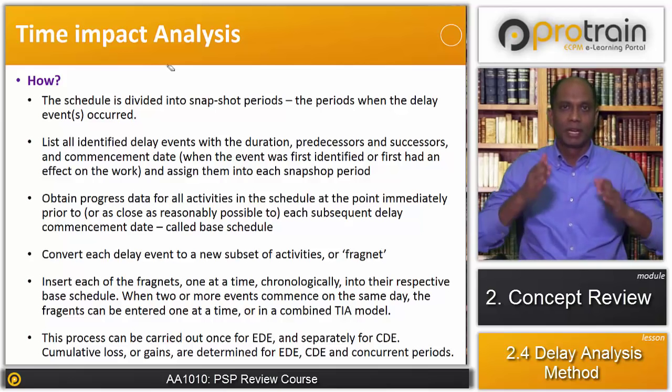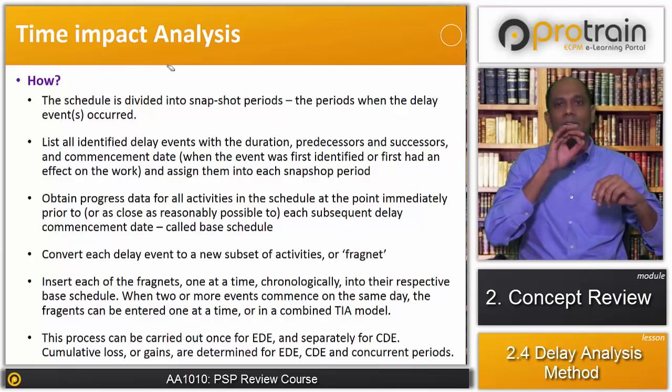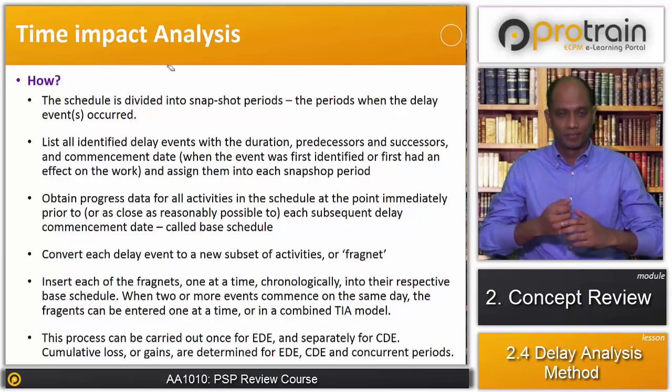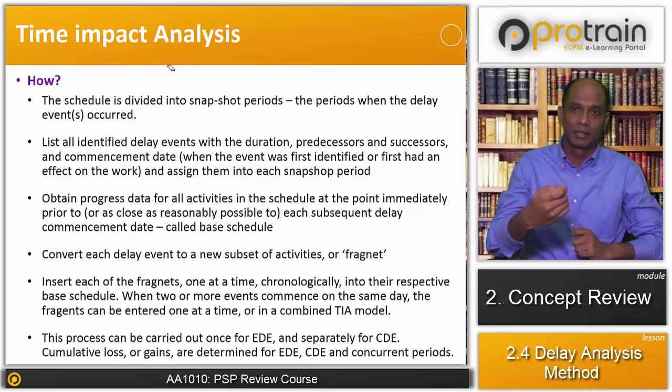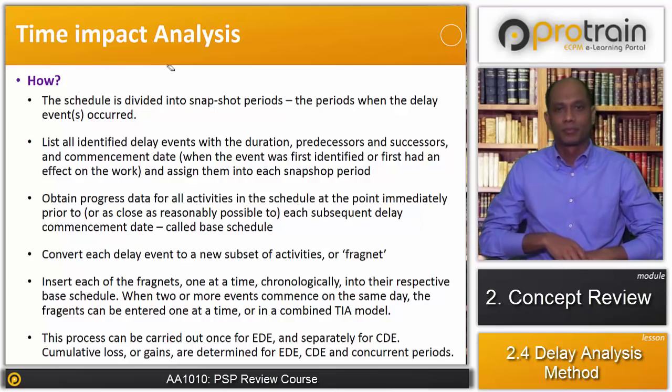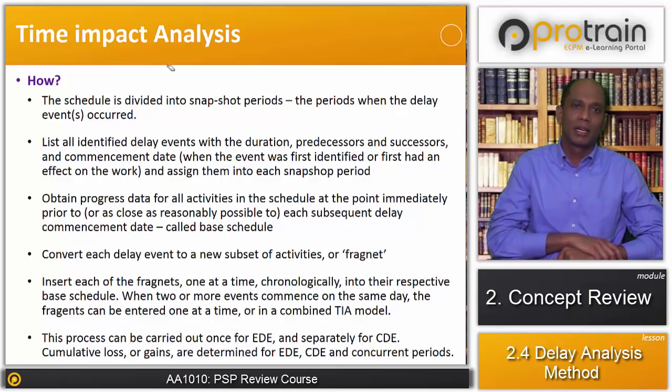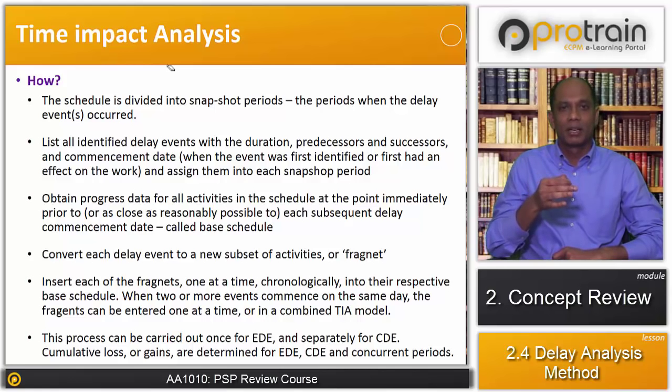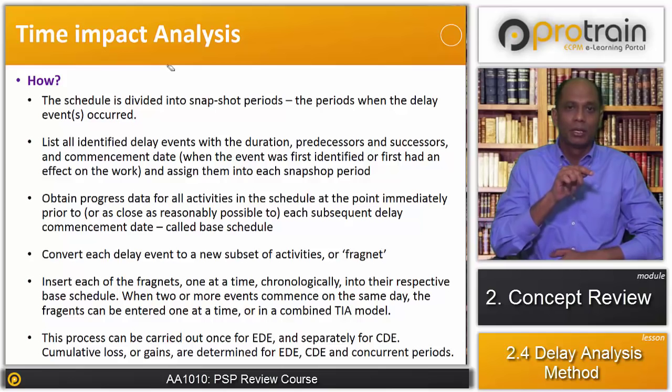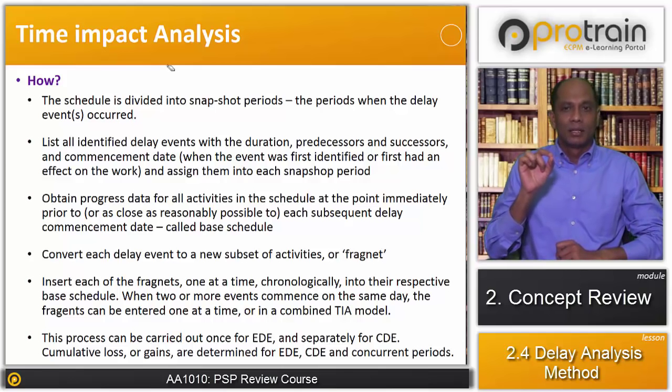So we have snapshot periods and we are identifying delays in terms of duration, predecessor, successor, commencement date of delay, etc. Then we obtain the progress data for all the activities in the schedule at the point immediately prior to the delay event, for each delay commencement date. This schedule is called the base schedule.